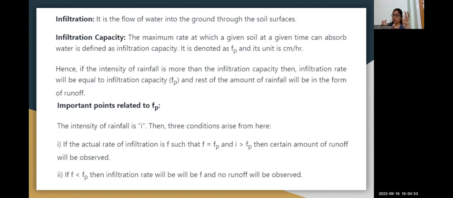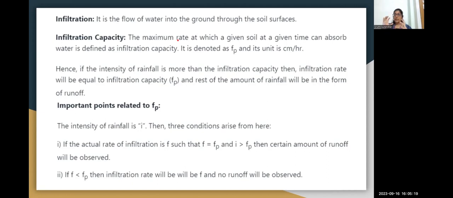That particular soil at a particular time, because of its properties, will only be able to absorb water at a particular rate. Beyond that rate, the water will not be able to enter the soil at a rate more than the infiltration capacity. So infiltration capacity is nothing but the maximum rate at which a soil can absorb water.